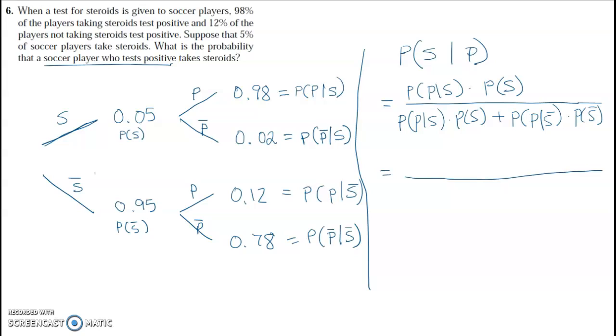The probability of positive given S is 0.98, times the probability of S, which is 0.05. We write the same thing again in the denominator, plus the probability of positive given not S, which is 0.12, times the probability of not S, which is 0.95. Whatever our calculation comes down to, that's the answer to number 6.